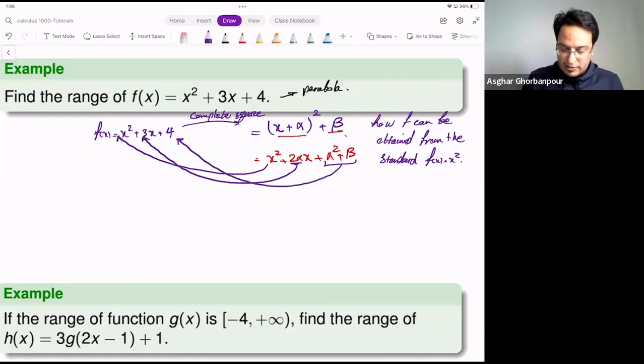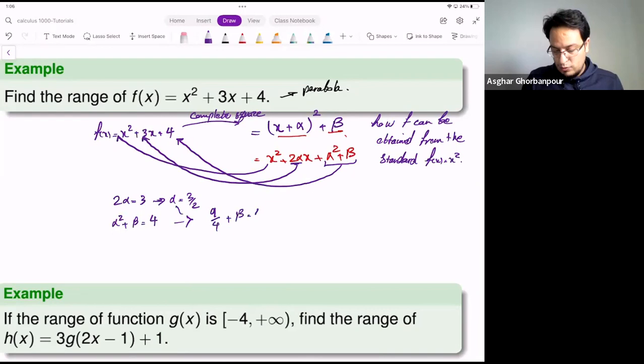So you now see that 2 alpha must be equal to 3, and alpha squared plus beta must be equal to 4. This means that we have alpha 3/2. If I plug it in here, I see that alpha squared, 9/4, plus beta is equal to 4.